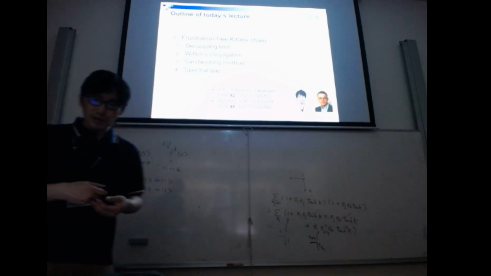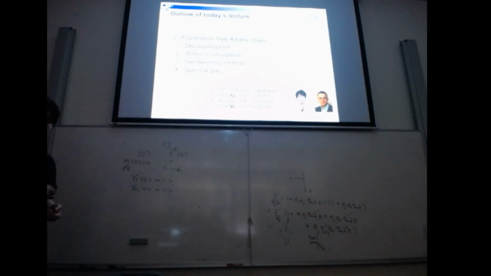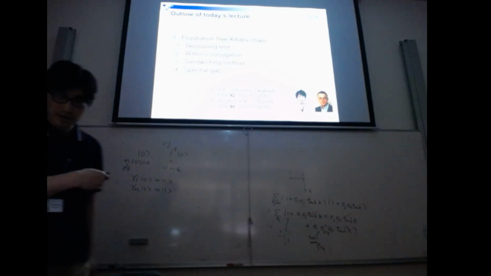For this frustration-free Kitaev chain, you can prove the existence of a spectral gap, an energy gap above the ground state. This work was done in cooperation with Masahiro Takahashi and Dave Schurz and his student Yuri and Udas.